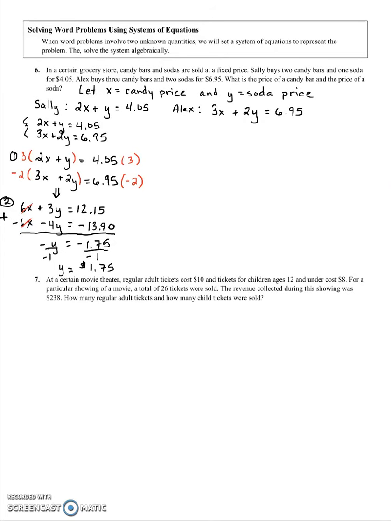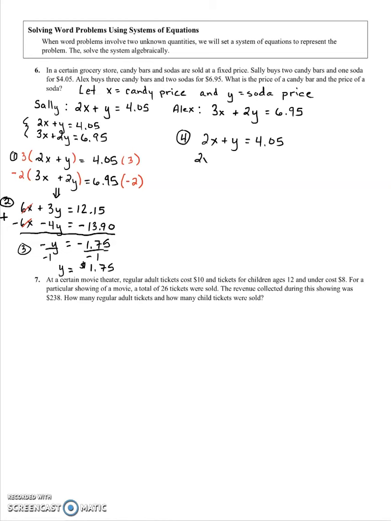So let's go back and plug in into the other equation, either equation really, and figure out what the cost of a candy bar is. I'm just going to use Sally's equation. So 2x plus y equals 4.05.